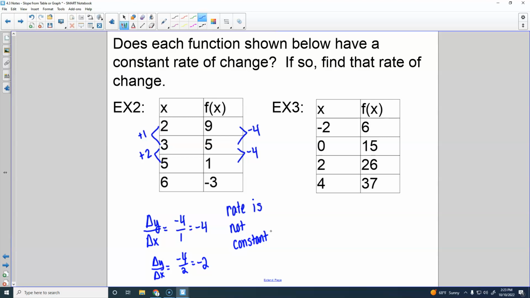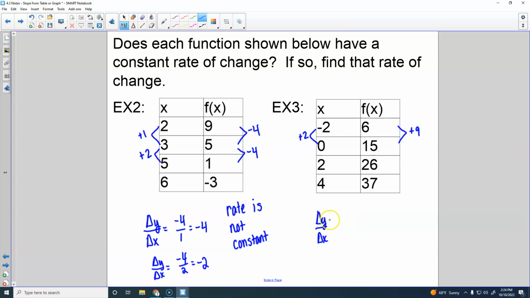So, for the next one. If I look from 6 to 15, what has happened there? Okay? All right, and from negative 2 to 0, add 2. So my change in y over change in x, I think I meant for this to be constant.